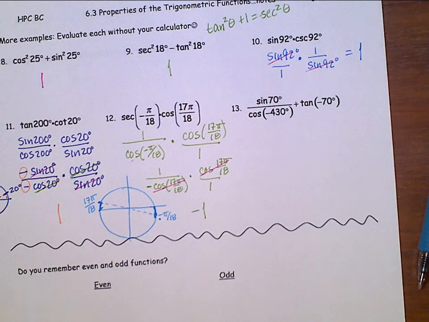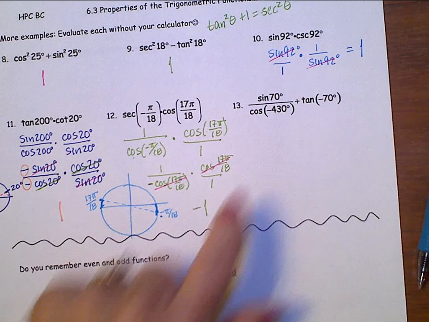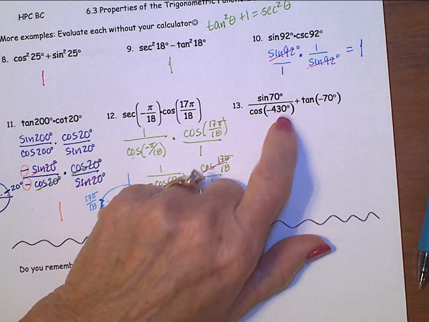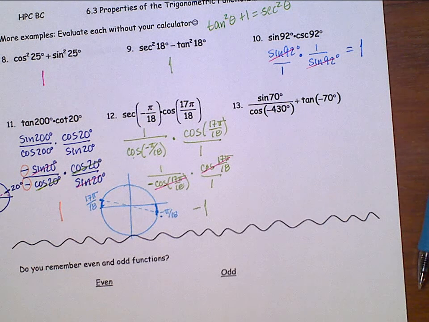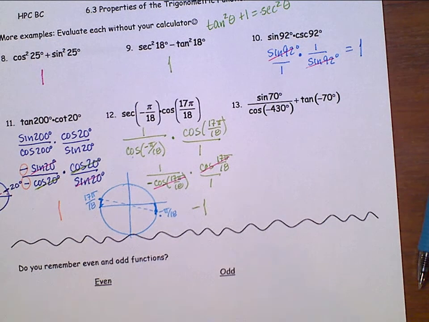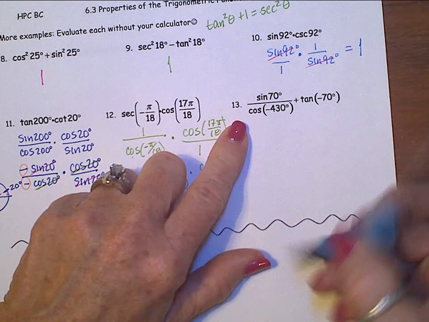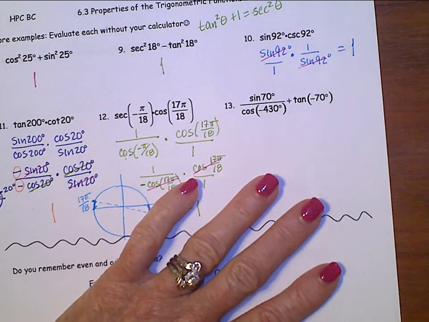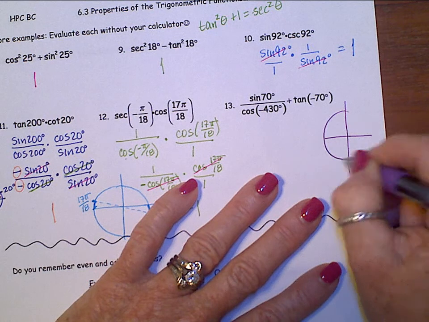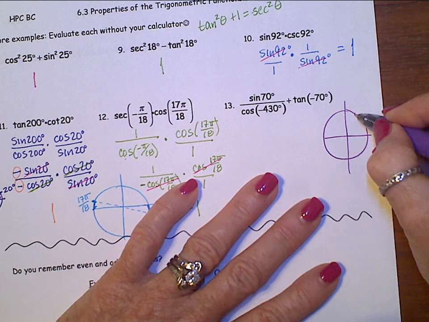All right, how about this next one? Sine 70 divided by cosine of -430 plus the tangent of -70. Oh boy, we have 3 different angles to look at here. Let's see. Here's 70 degrees.